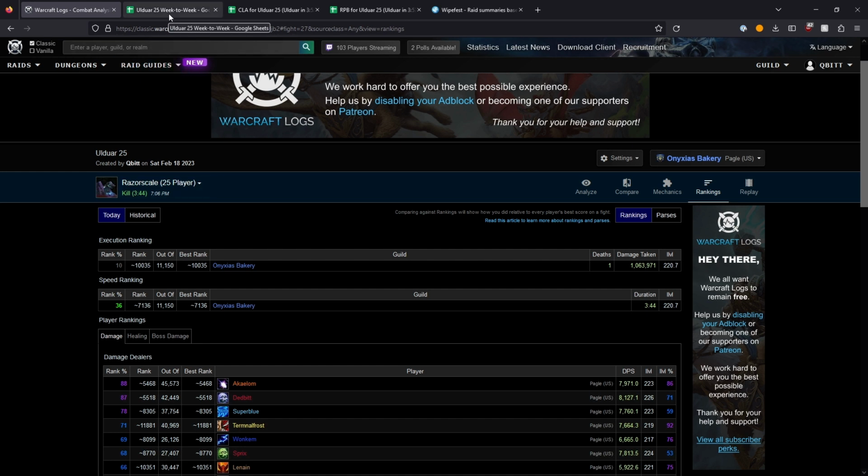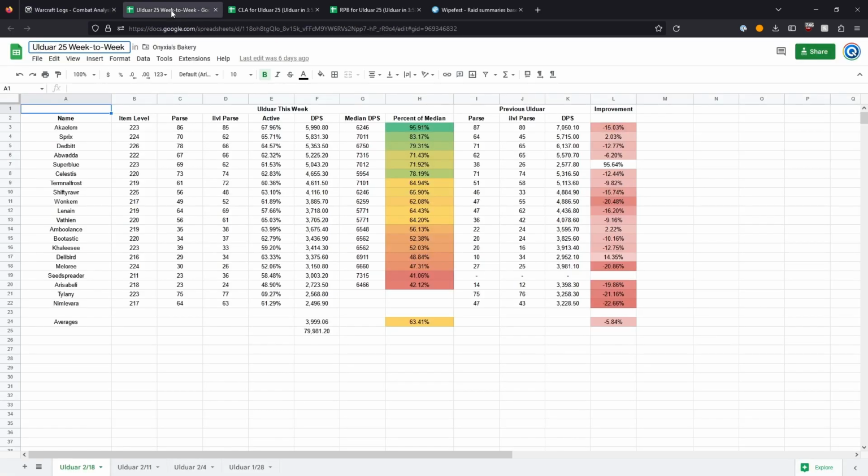The next thing I want to go through is the Google Sheets that we've been posting up. We've been keeping these for a few months at the officer level and wanted to start sharing them with everyone else. The first one is our week-to-week sheet.